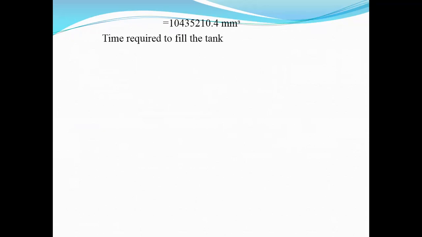As we need to find out the time required to fill the tank, we have to take the ratio of both the volumes. Volume of the cylindrical tank divided by the volume of water discharged.